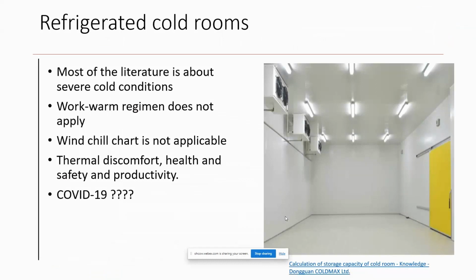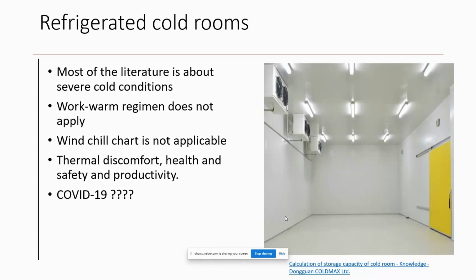So now I want to talk a little bit about workers who are working in refrigerated cold rooms. This is not like cold stress, where people are exposed to severe weather conditions and experience severe health outcomes. Here, workers are exposed to a less cold environment, but the risk is high for COVID spread. That's why I want to mention it here.